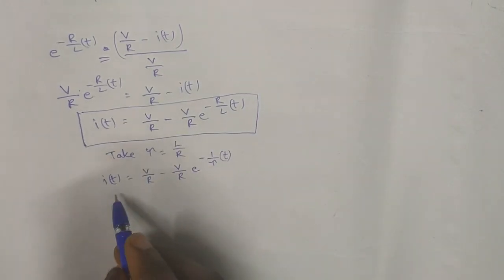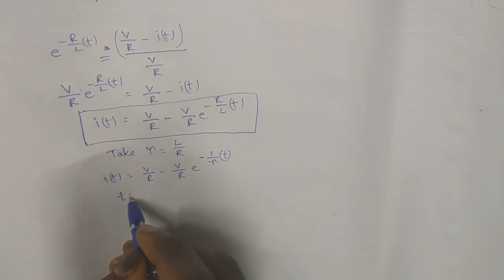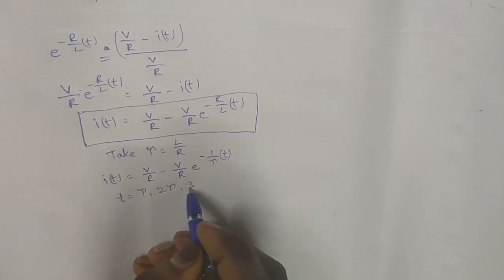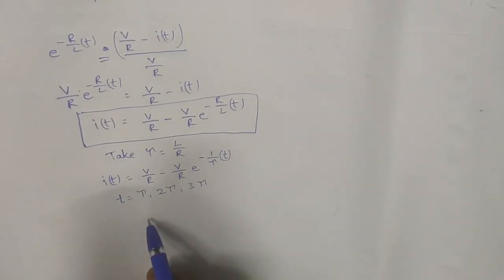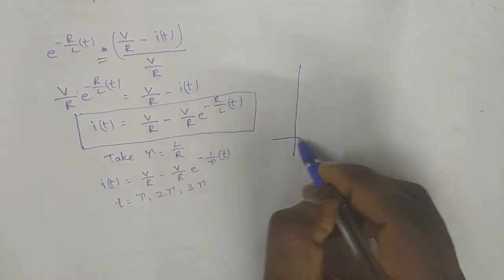So if we consider t is equal to instances like tau, 2 tau, 3 tau, then the waveform we will see like this.